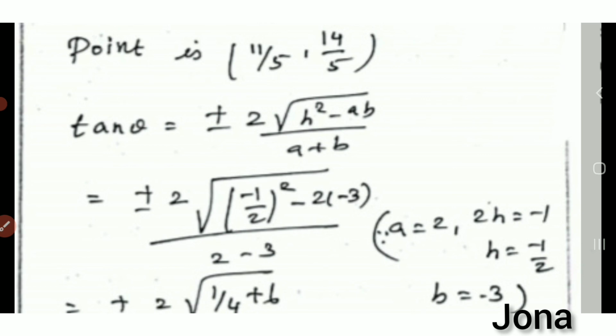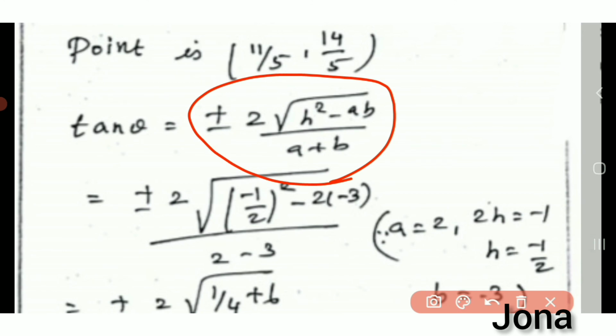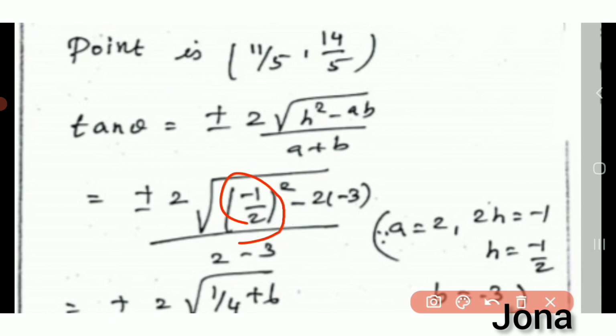Substitute all the values in the given formula. In this formula we have to substitute all the values of a, h, b, so that we have 2 into root of minus 1 by 2 the whole square minus 2 into minus 3, divided by 2 minus 3.